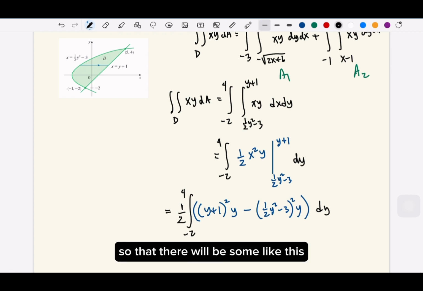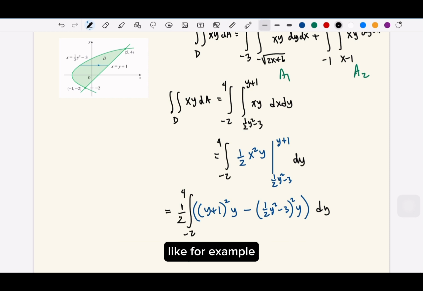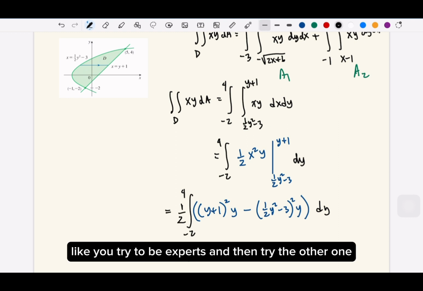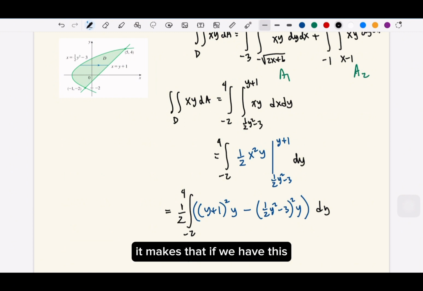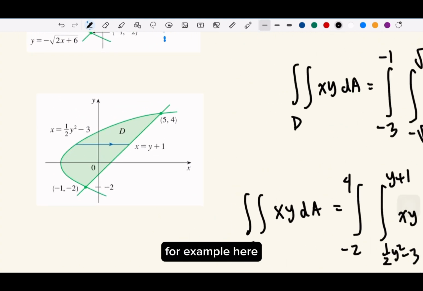So again, if you know the sketch, know the curve, whenever you see the curve, you try dx first, and then try the other one. If we have this, it's one curve, but it's the top and the bottom, so we don't get the idea.